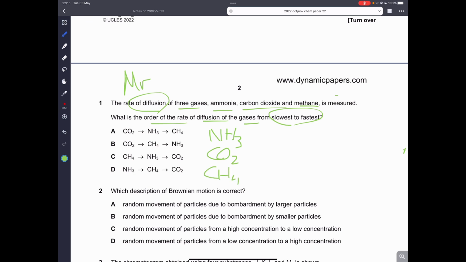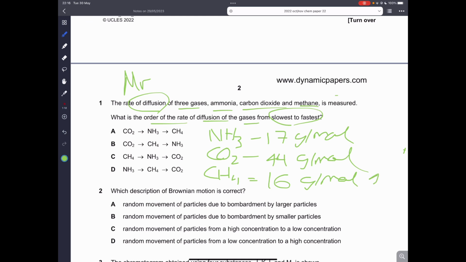And now we have to know the molecular mass of these. Ammonia weighs 17 grams per mole, carbon dioxide weighs 44 grams per mole, and CH4, methane, weighs 16 grams per mole.